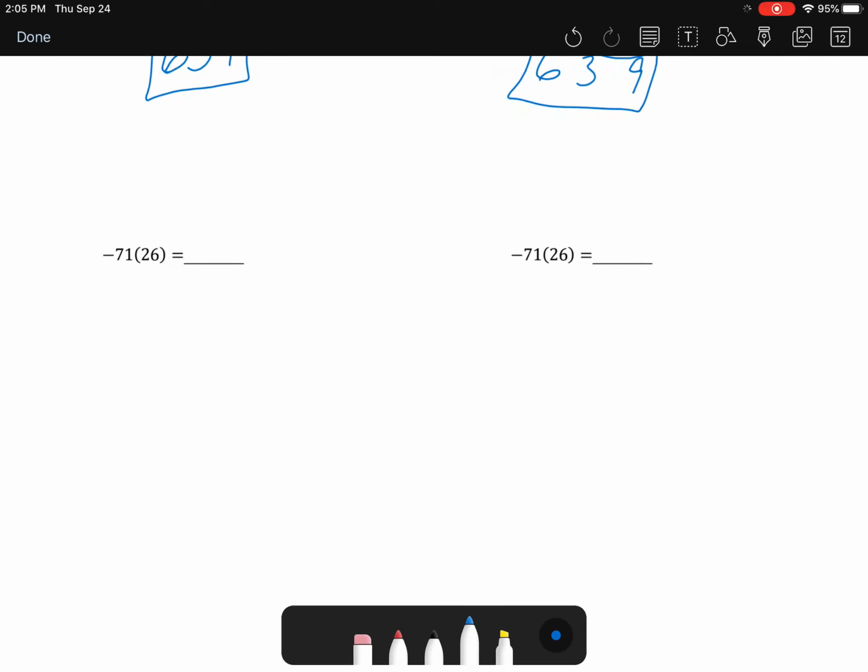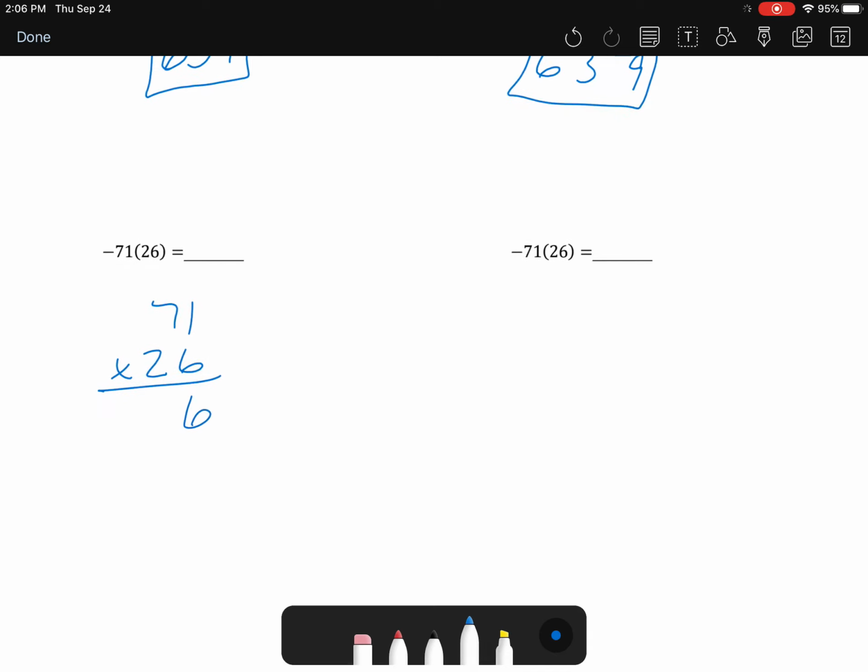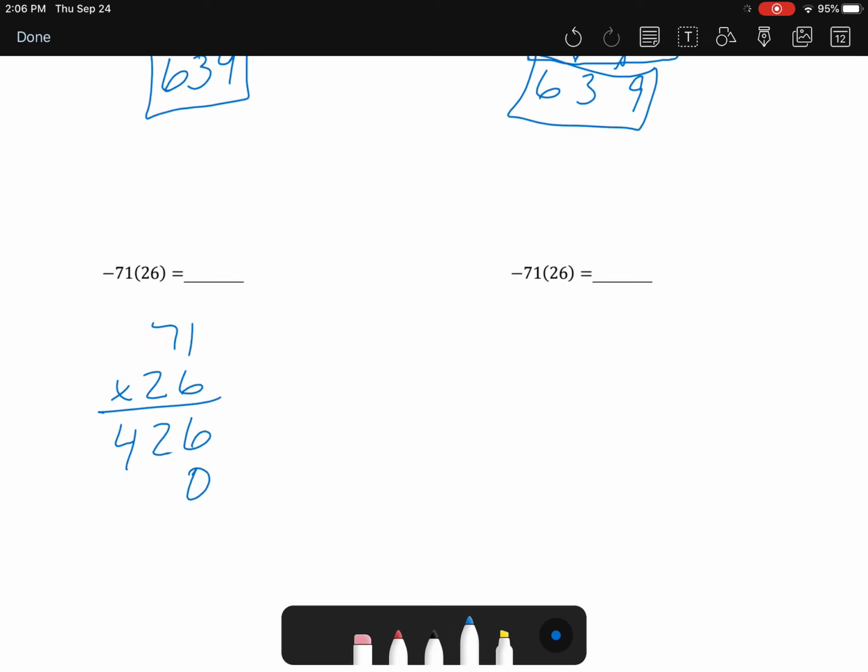Let's look at that with two two-digit numbers. So negative 71 times 26. Let's first find out what 71 times 26 is equal to. Using the traditional method, 6 times 1, which is 6. 6 times 7 is 42. Then you put a 0 here. Now we can start with 2. 2 times 1 is 2. 2 times 7 is 14.